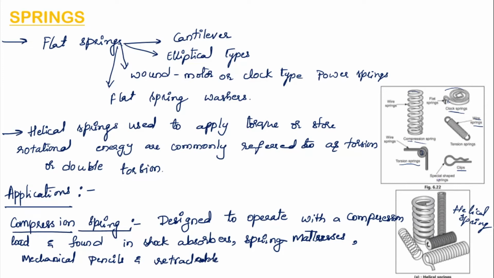So these are the applications of compression springs. Here also we can see different types of springs. The basic type of torsion springs can be wound with legs. Here you can see these are the legs, and when load is applied, they get compressed.